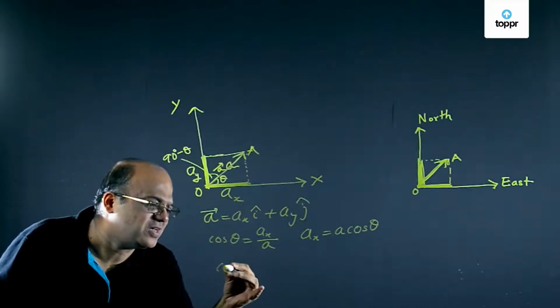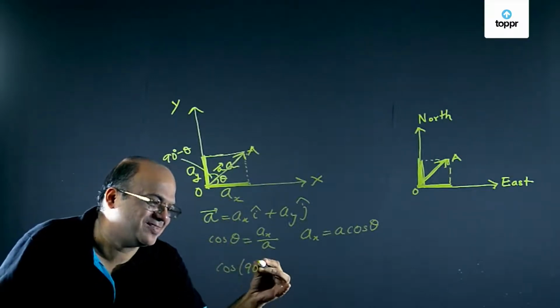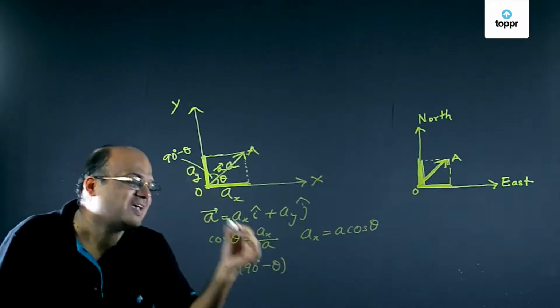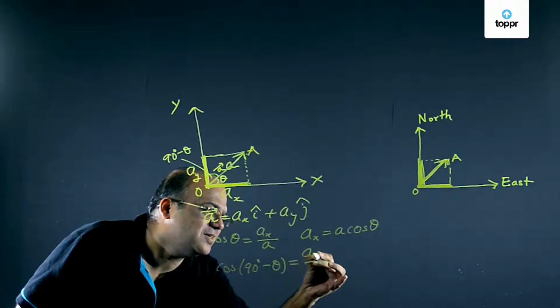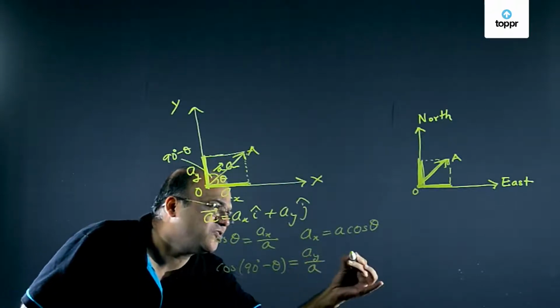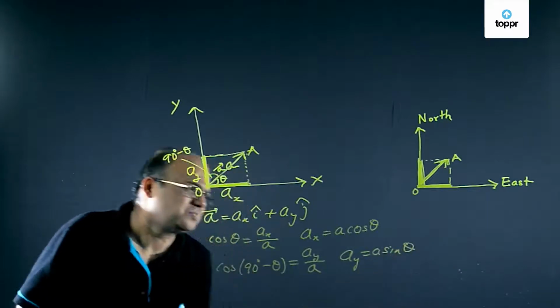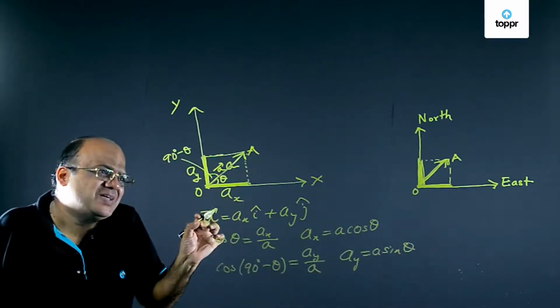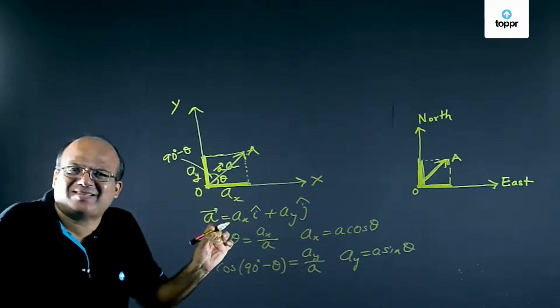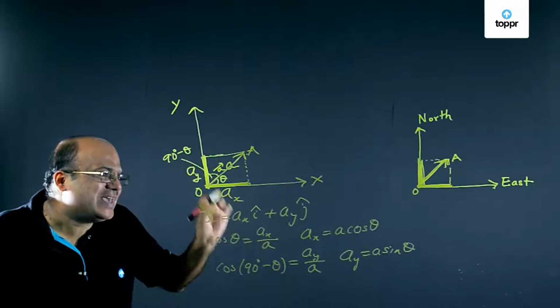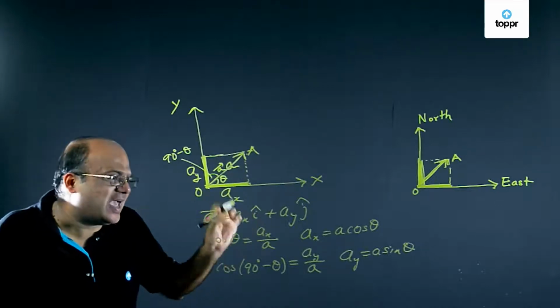What is cos of 90 minus theta? It is sin theta, I know, but what is that in that triangle? Adjacent side here now is Ay and the hypotenuse is A. So Ay becomes A sin theta. So therefore, A vector is Ax i cap plus Ay j cap, where Ax is A cos theta and Ay is A sin theta.